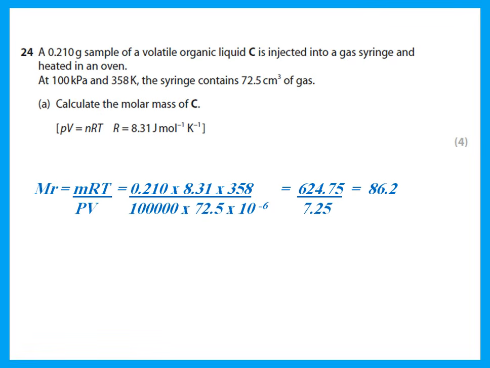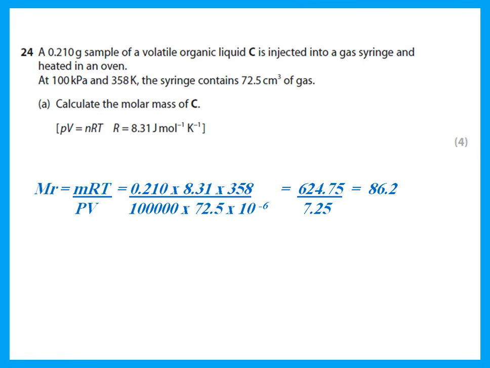So putting in the numbers, the mass is what he gives me, 0.210 grams. R is a constant, 8.31. The temperature has to be in Kelvin. He already gives it to me in Kelvin. Remember, if he gives it in degrees Celsius, you have to add 273 to change it to Kelvin. Then the pressure, he gives it in kilopascals.